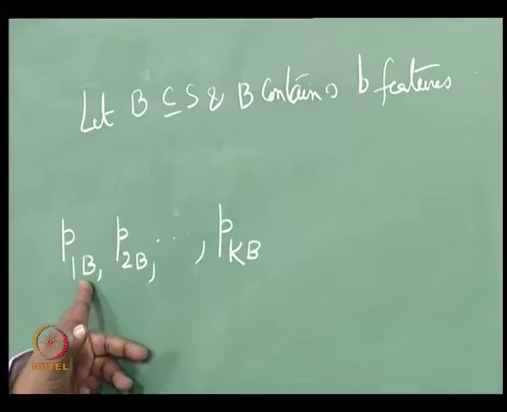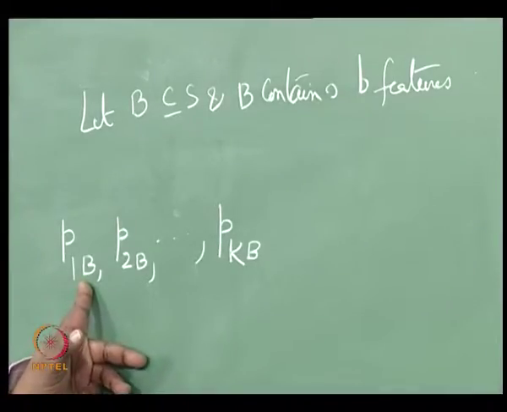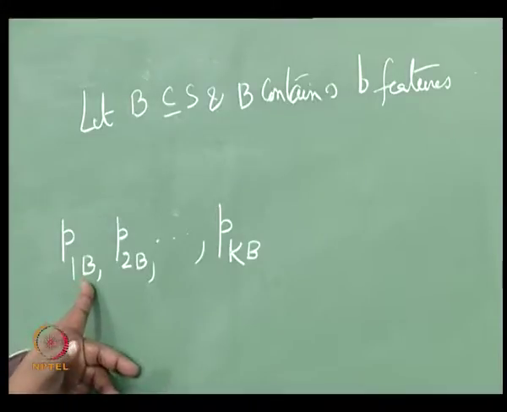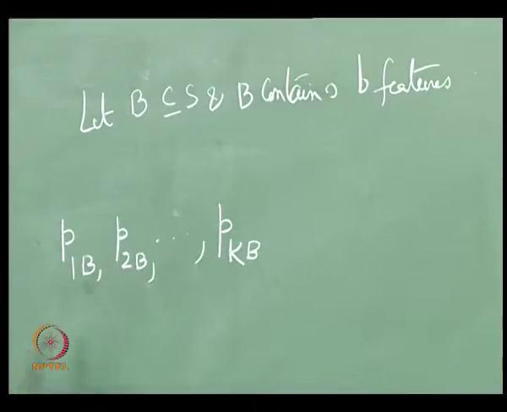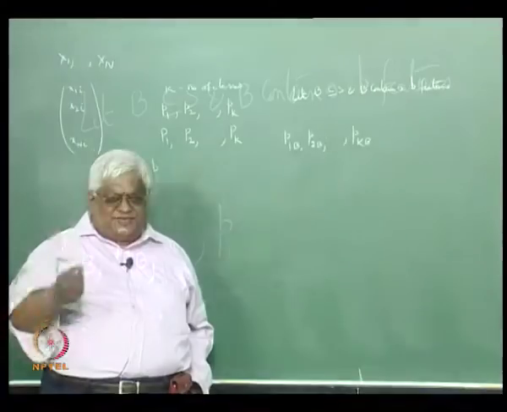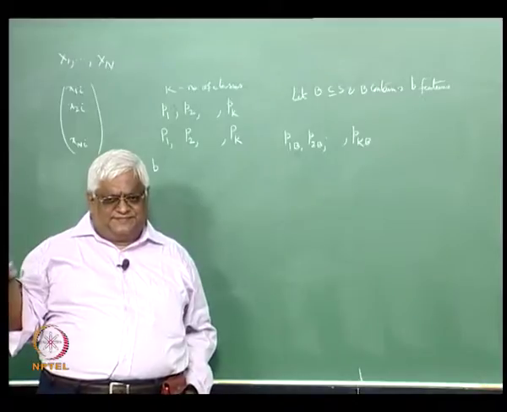The corresponding conditional probability density function for class 1 is small p 1 b. Do you know how to get this small p 1 b from this small p 1? Do you know it? If you do not know it, please tell me.